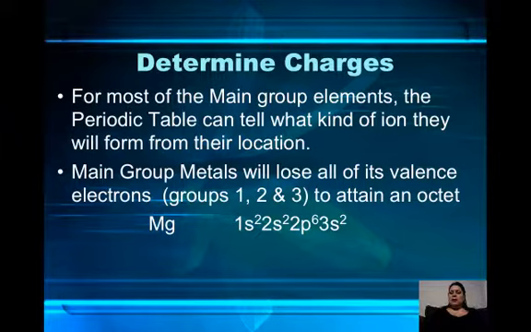Well, magnesium is going to lose those 2 electrons to become a +2 cation. When it loses those 2 electrons, it forms a +2 charge because there are 2 more protons in the nucleus than electrons in the electron cloud. So the net charge on the atom is +2, making it a cation.